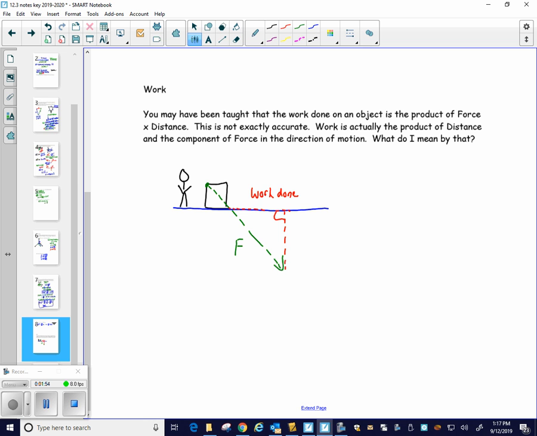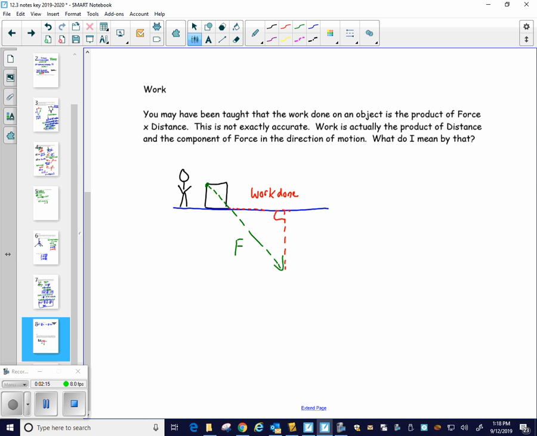And if you think about that, this really makes sense, because is the box going into the ground at all? It's sliding along the ground as you push it, but it's not actually vertically changing distance. It's not going down under the ground. Obviously, we're assuming that the ground is going to hold up to the point where that can't happen.